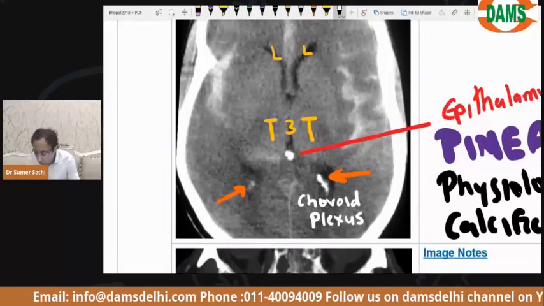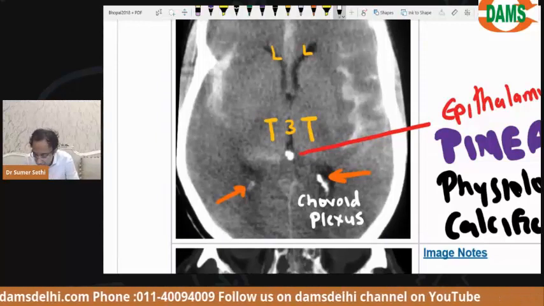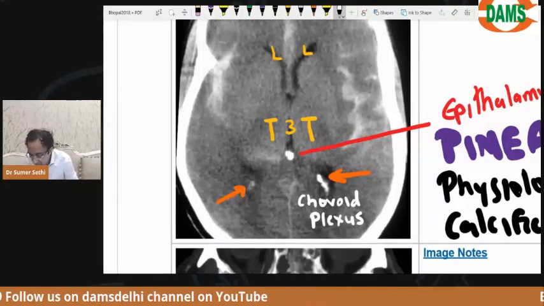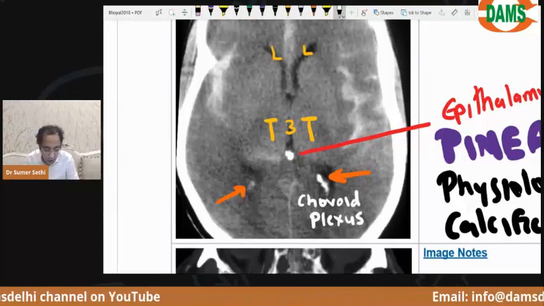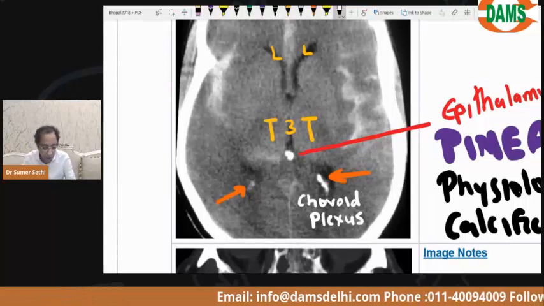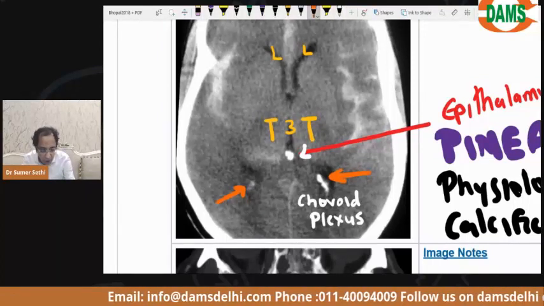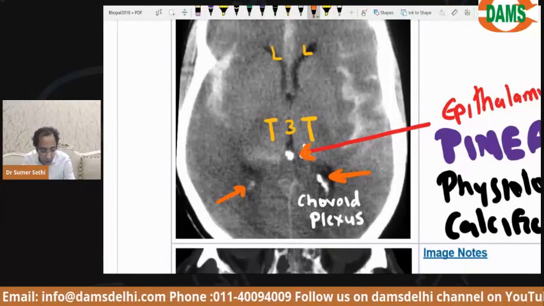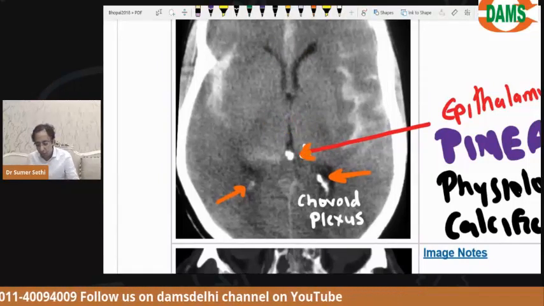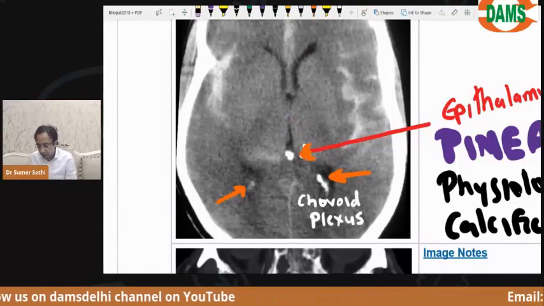Do you remember the function of the choroid plexus is CSF production. With age, even the choroid plexus also calcifies. Everybody clear? So this is not the disease. This is pineal and this is choroid plexus. Everybody able to understand this?